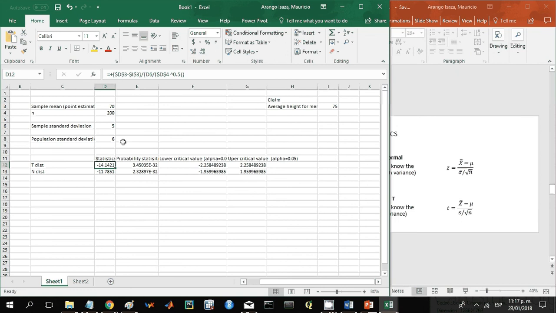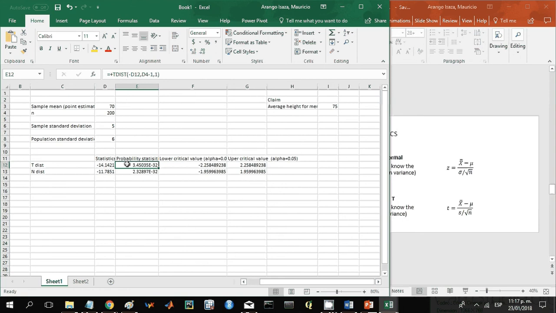Now you need the probability for that statistic. So since this is a two-tail, one thing I need to do is I have to move this to its equivalent on the positive side. Why?